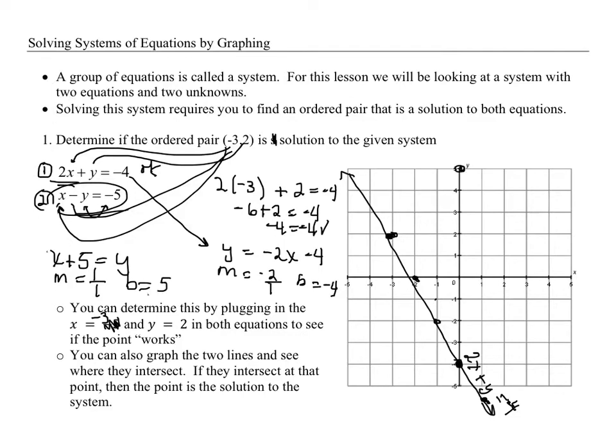Going up 1 over 1 would be ridiculous because I'm going away from the point. I can go down 1, left 1. I'll connect these in blue to the other line and label it x minus y is equal to negative 5. You can see that these two lines intersect at the point negative 3, 2.